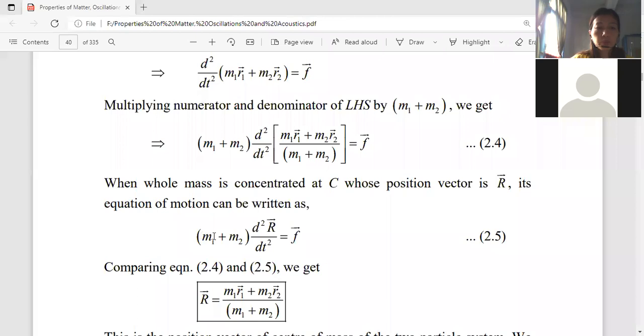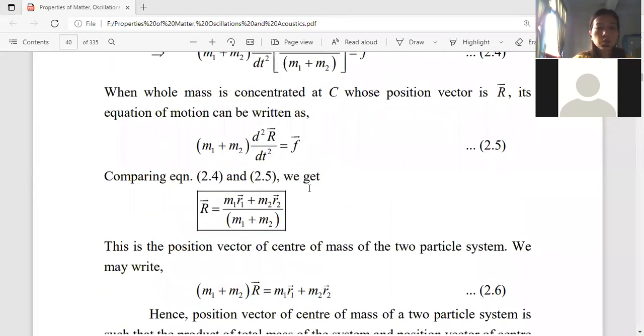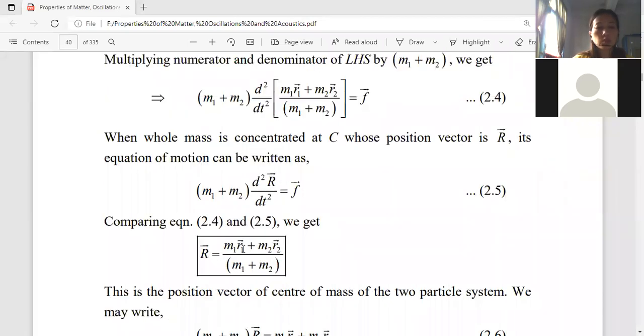The whole term is the center of mass, so instead of all of this term in the brackets, we write equation 2.4 as equation 2.5. Comparing equation 2.4 and 2.5, we can write vector R equal to m1 r1 plus m2 r2 by m1 plus m2.